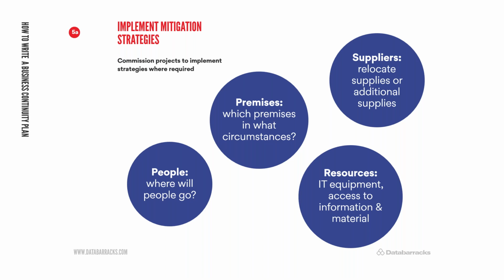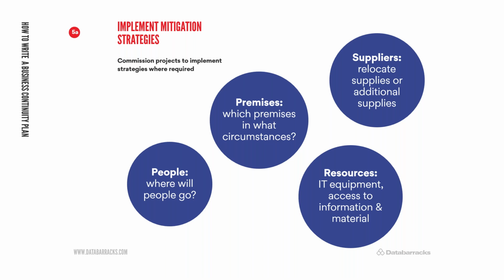We talk about people and premises, teams and sites. The good old-fashioned recovery site may be slightly out of fashion with everyone working from home, but there are businesses and teams for whom working from home doesn't prove to be an effective continuity strategy. So you do need to think about it and not just assume that work from home is the answer for absolutely everyone, although it will be the default for many.